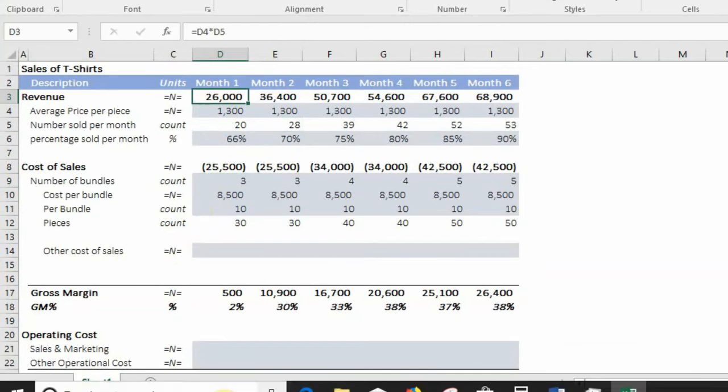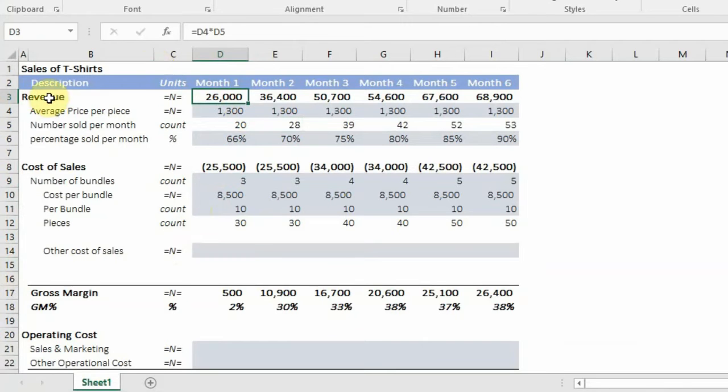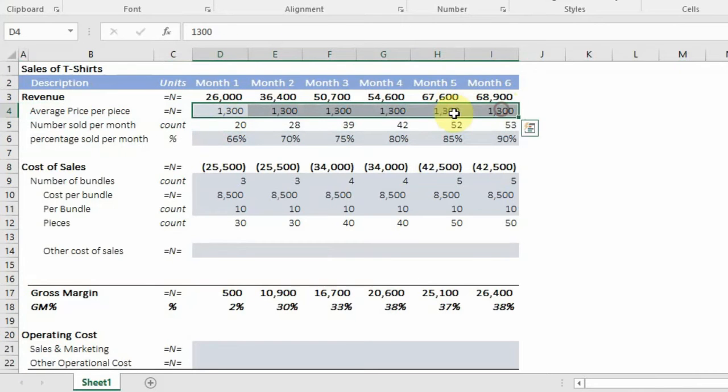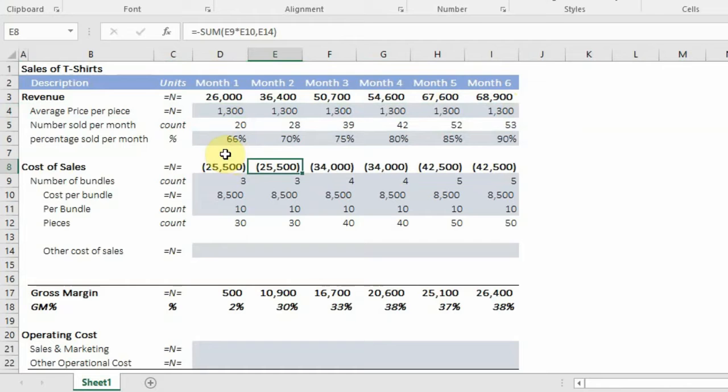And so, what are we doing in the revenue module? What we're just doing here is we have an assumption here, and this can be changed. The assumption is that a piece of T-shirt one would sell for about 1,300, could be 1,200 or whatsoever, 1,500.